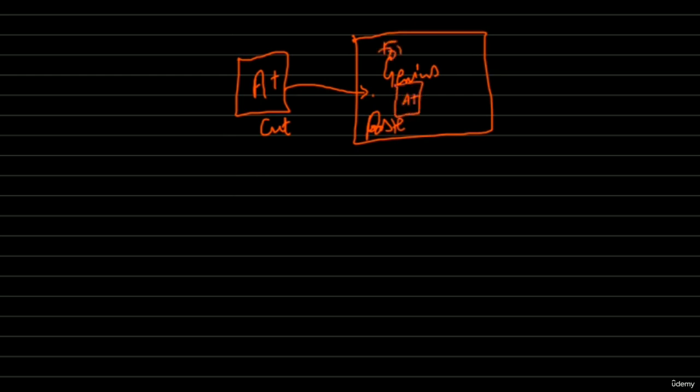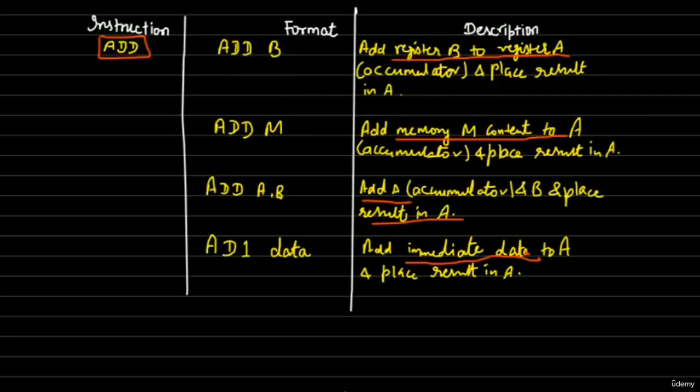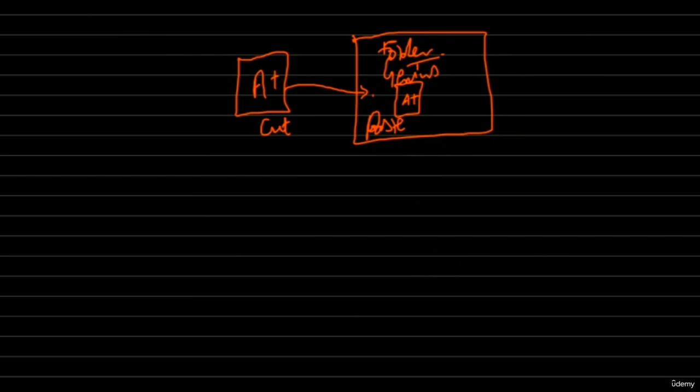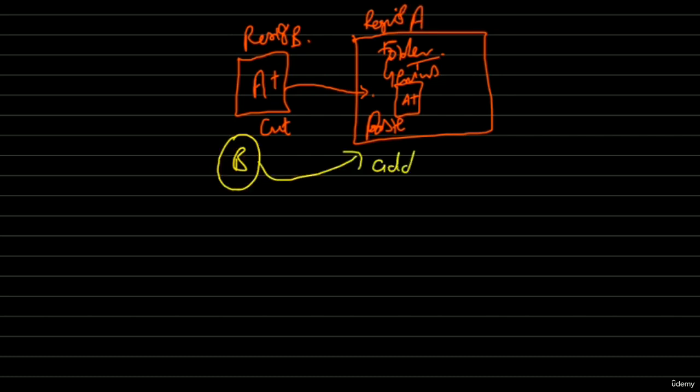That's what it means: add register B to register A. The information of register B gets transferred or added to register A. That's what it means in the first one. I hope you have got that.